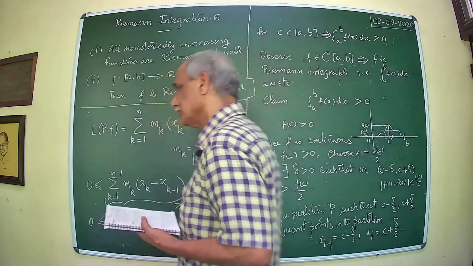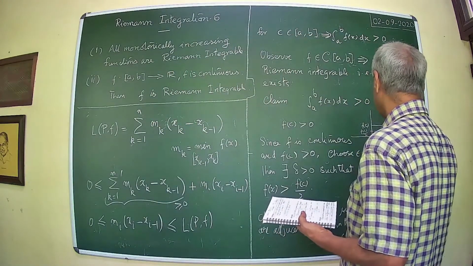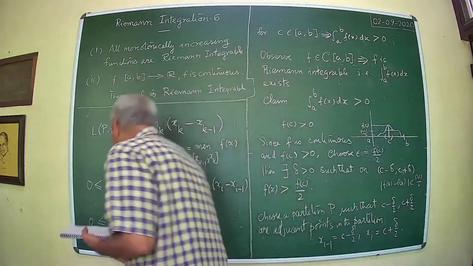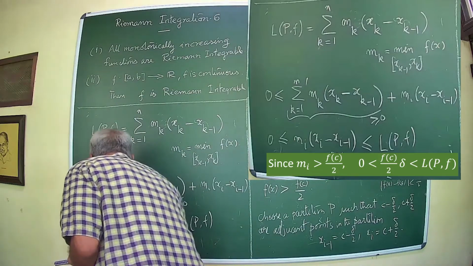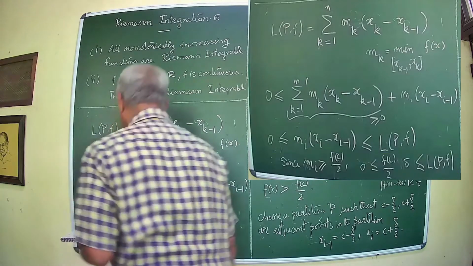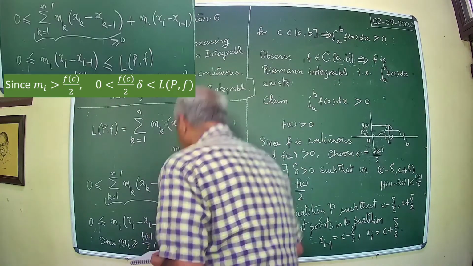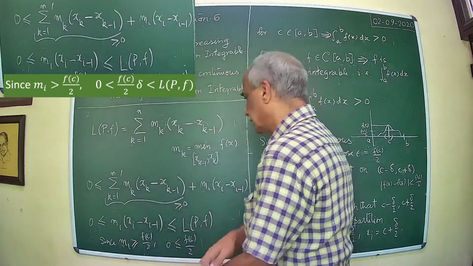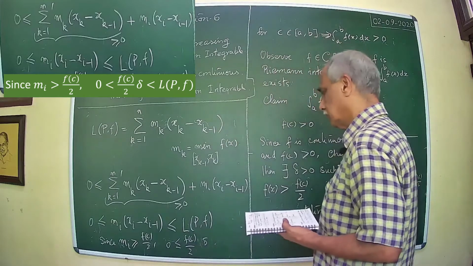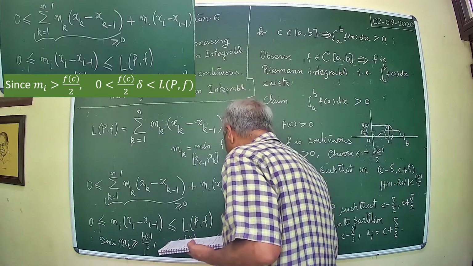What about m_i? Here m_i is the minimum value on this interval, which is probably f(c) by 2, so m_i is greater than or equal to f(c) by 2. We have m_i times (x_i minus x_{i-1}), which is simply delta, less than or equal to L(P,f).